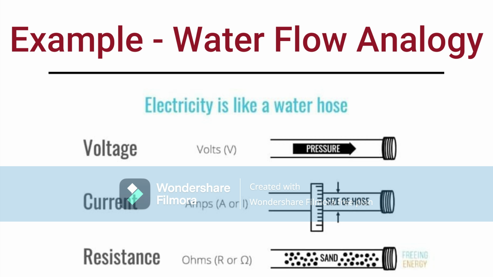In the same way, when electrons flow through a wire, electrical work is done. Here, the wire acts like a pipe and electrons act like flowing water. So we can say that water flow is equivalent to electron flow.